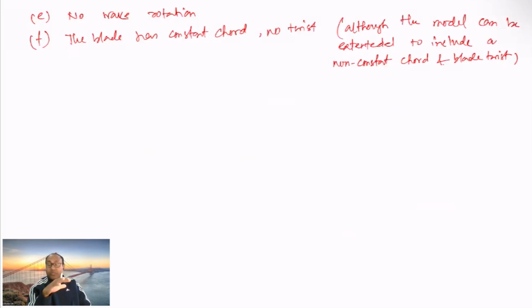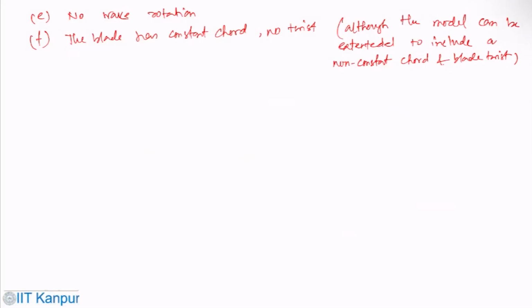Blade has constant twist, no twist, and constant chord. But yes, this model can be extended further to incorporate the blade twist or non-uniform chord, those things. So with this assumption, we are going to derive the linearized model.